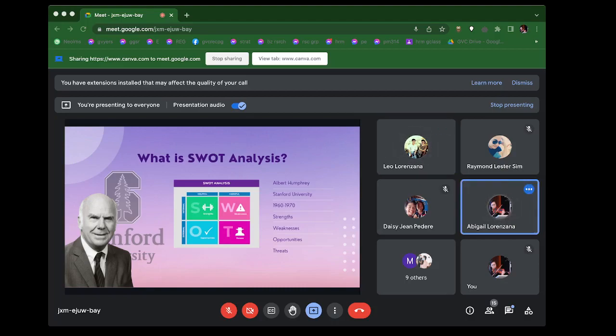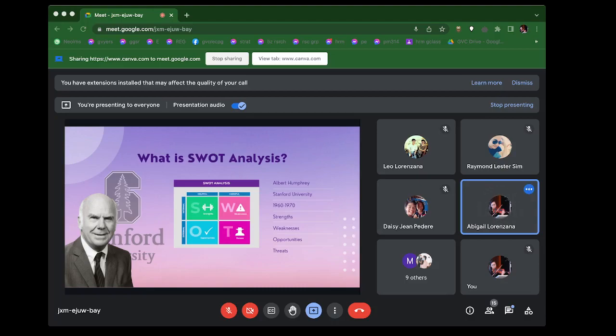SWOT stands for strengths, weaknesses, opportunities, and threats. Using these tools involves specifying the objective of the product and identifying the internal and external factors that are favorable and unfavorable to achieve that objective.